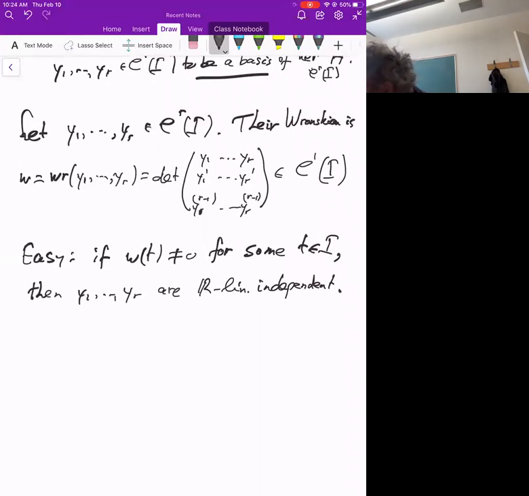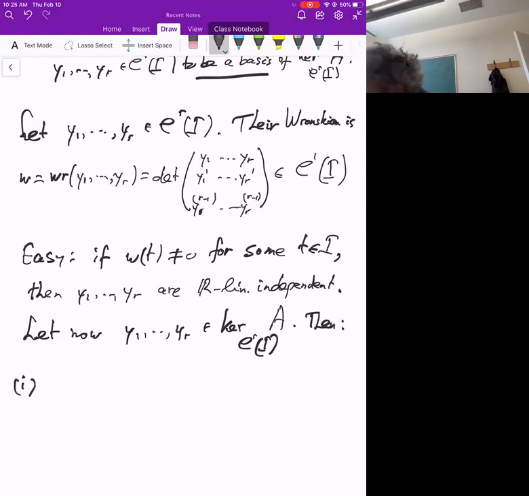Right. Now, what is important for us is the case where y1 to yr are in the kernel of this operator. Then let me make two statements.